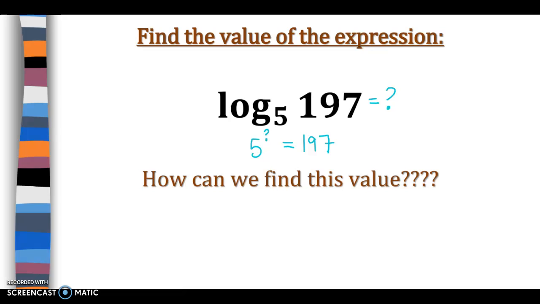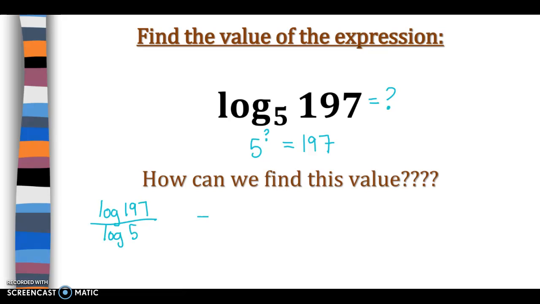So what we can do is use the log change of base formula, which, if you remember, says this log base 5 of 197 would be log base 10 of 197 over log base 10 of 5.